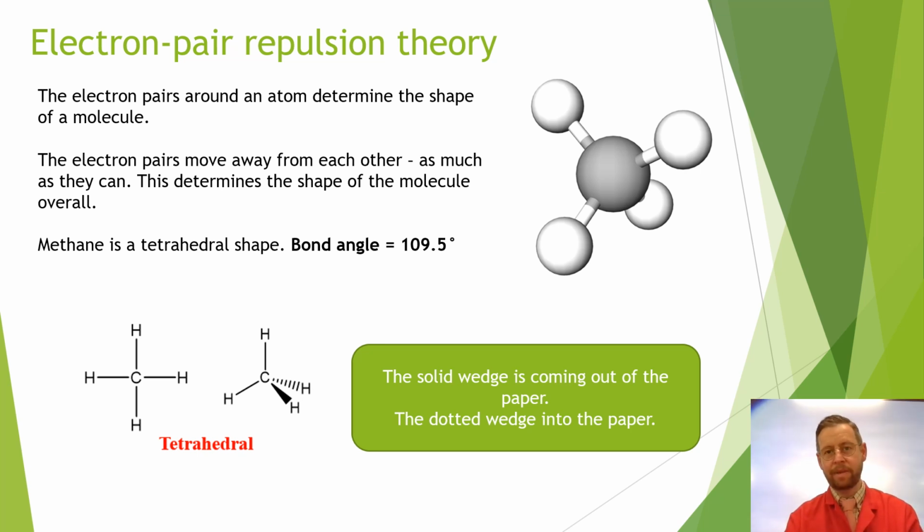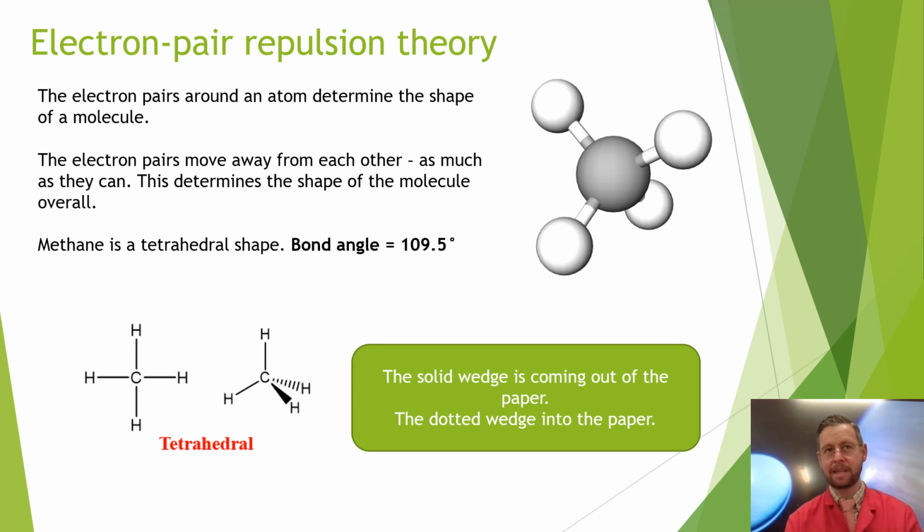Now, if we think in 3 dimensions, if there's nothing to prohibit, what's going to happen is the electrons are going to push away from each other. The pairs are going to push away from other pairs and get as far away from each other as they physically can. Now, this is going to determine the shape of the molecule.